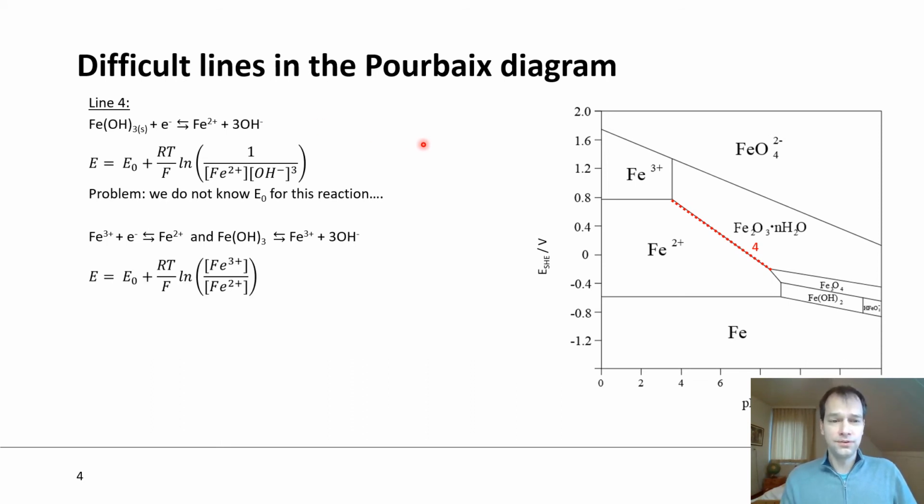For the first reaction, we know that E is E0 plus RT/F ln Fe3 plus divided by Fe2 plus. And for the second reaction, the solubility product is Fe3 multiplied by OH minus to the third. That also means that the iron 3 concentration is the solubility product divided by the OH minus concentration to the power 3.